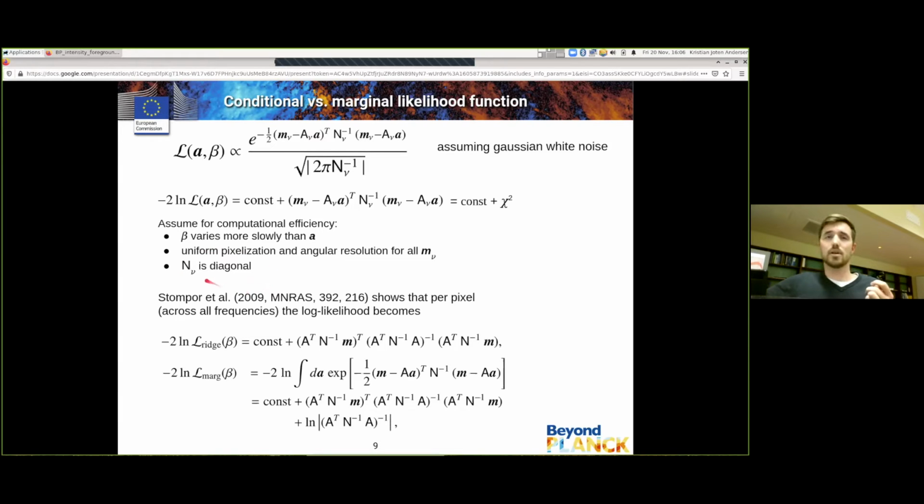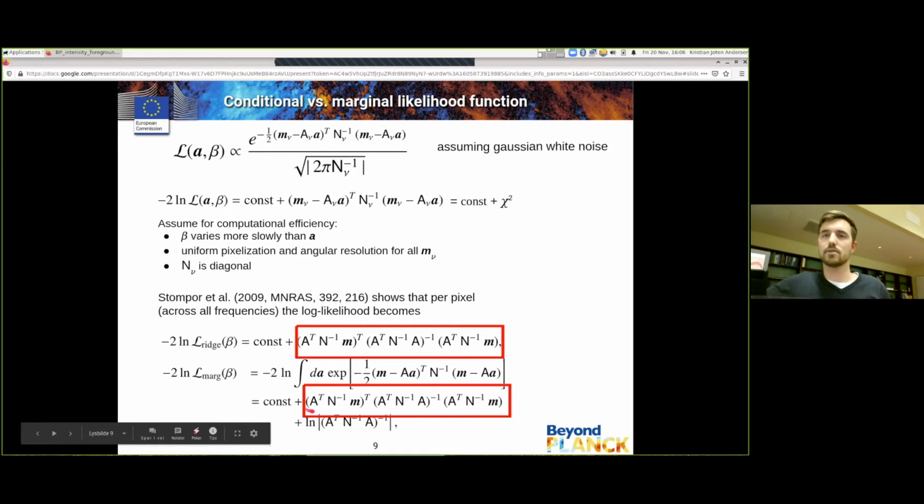If we do this, Stompor et al. showed that per pixel, meaning the same pixel across all the sky frequencies, the marginal log likelihood falls down into this equation here, where this last term is just the logarithm of the determinant of this matrix, which is easy enough to compute. And this second term here is the same as the ridge likelihood function.